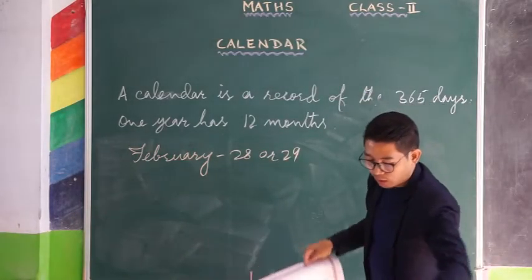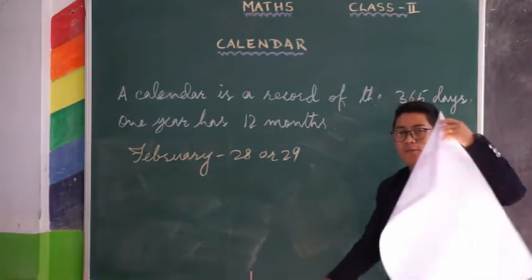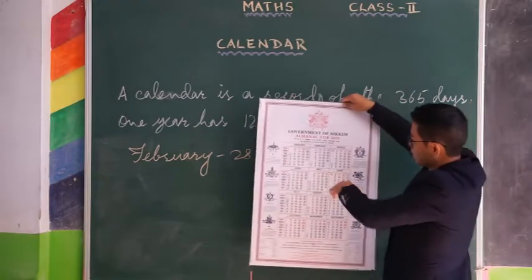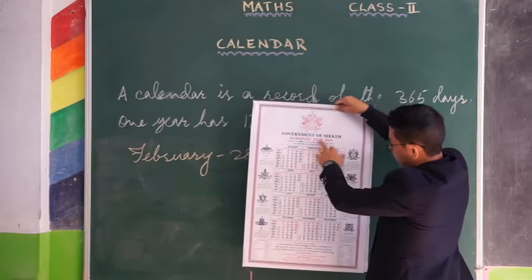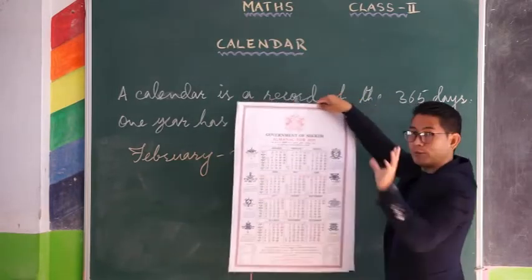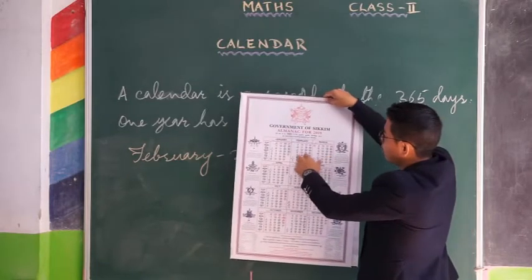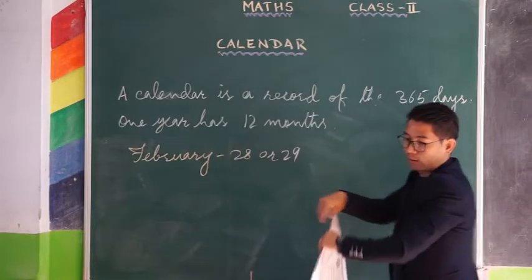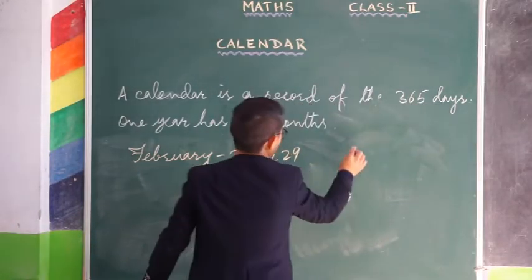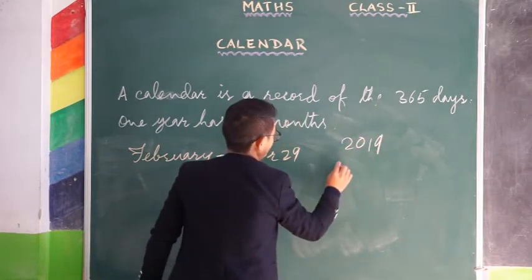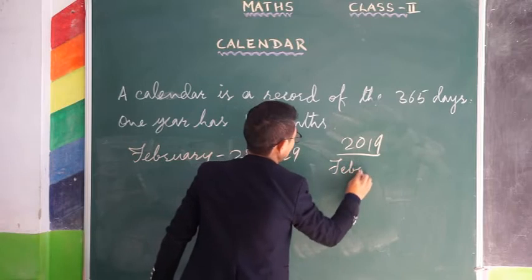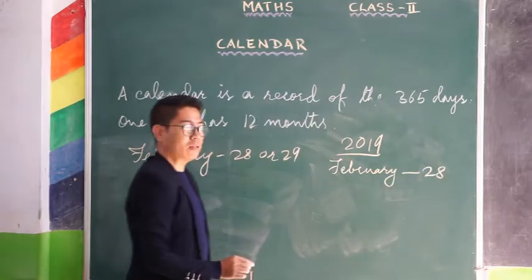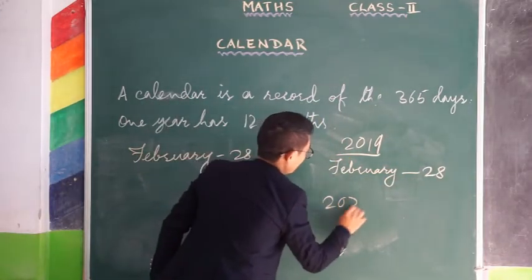Now let's go to another calendar of 2019. I hope you all will have this one at home. This is the 2019 calendar. Now if you see the 2019 calendar, February month, it has got only 28 days. Okay, see here. 2019 February month has only 28.